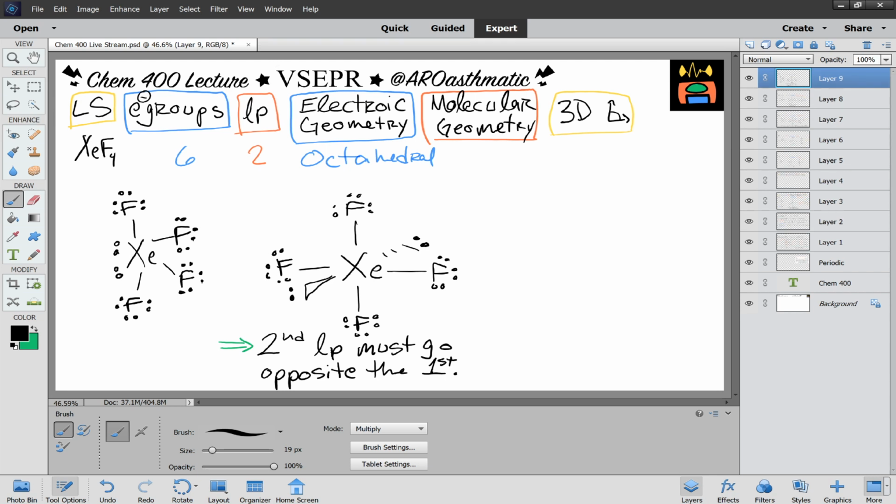All right, now let's look at the shape this molecule has sans the lone pairs, where we don't consider where the lone pairs are in space.